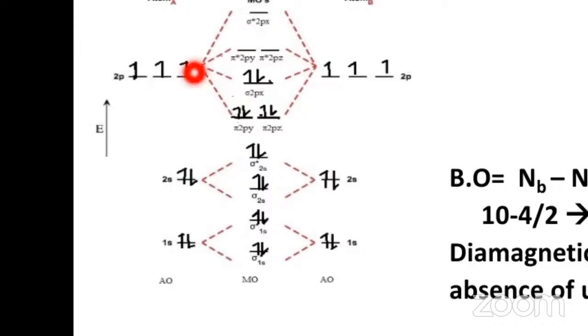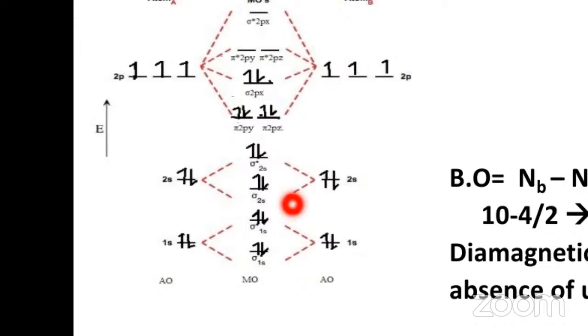These are the atomic orbitals of one nitrogen atom, and these are the atomic orbitals of the other nitrogen atom, combined to form the molecular orbitals. Here one nitrogen electronic configuration is 1s2, 2s2 and 2p3, and the other nitrogen atom is also 1s2, 2s2 and 2p3.